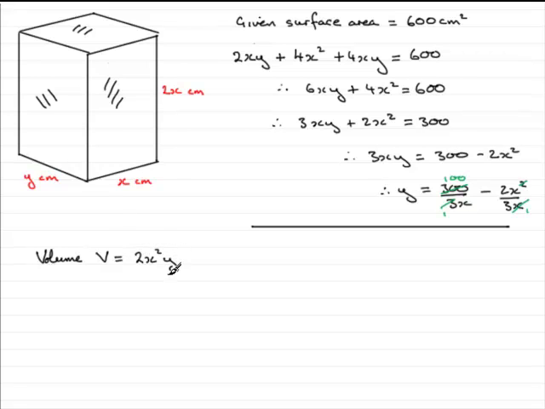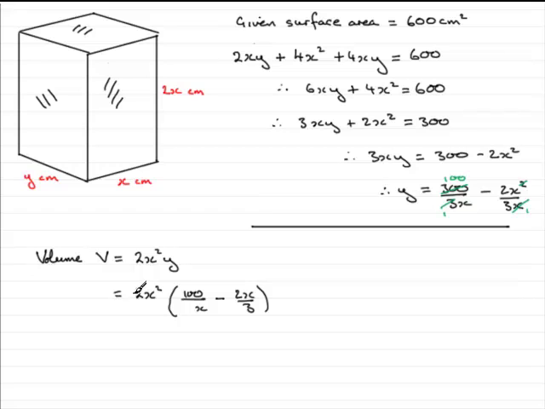So all we need to do is substitute for this y from here. So we've got that the volume equals 2x squared times y, which is now 100 over x, sorry, not 3x, 100 over x minus 2x over 3.